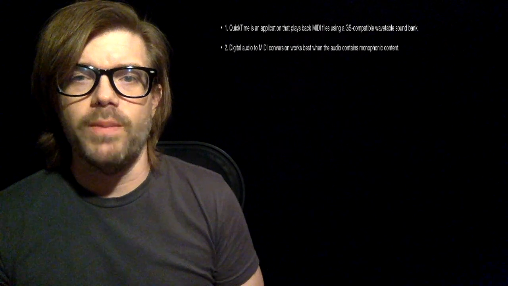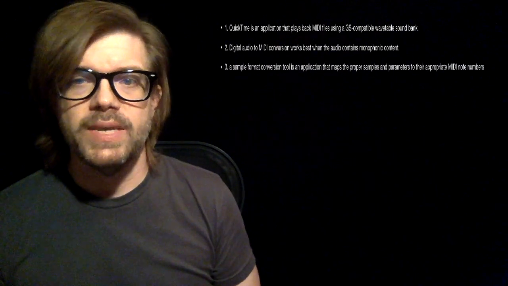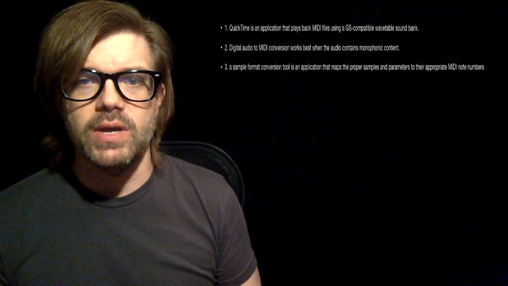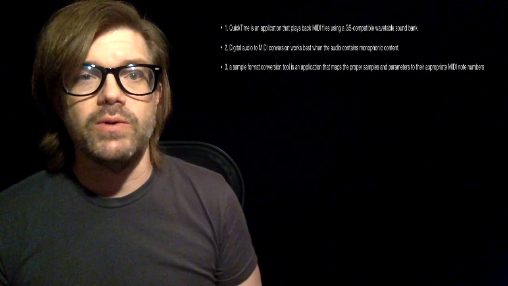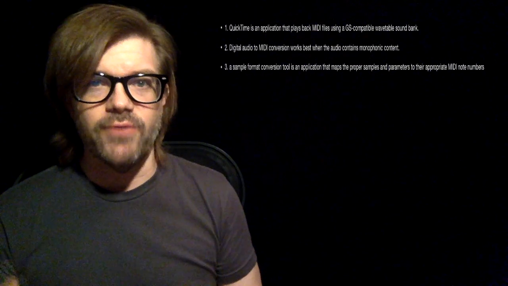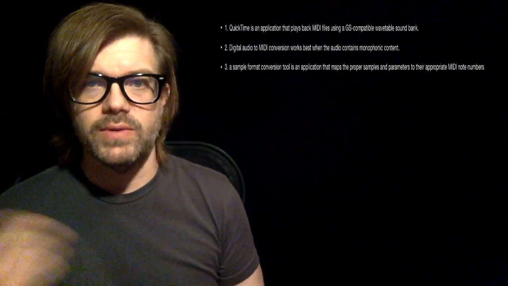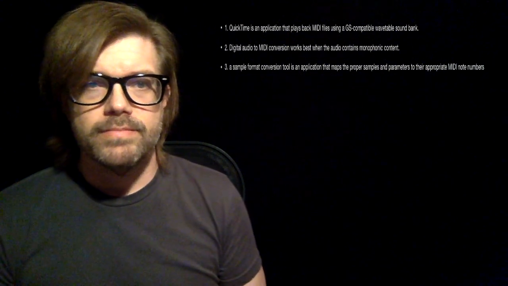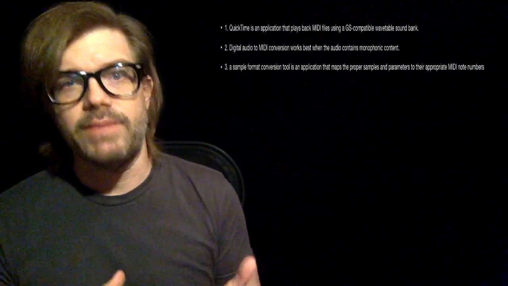A sample format conversion tool is an application that maps the proper samples and parameters to their appropriate MIDI note numbers. So to get it from that digital audio to MIDI, that conversion would happen there.